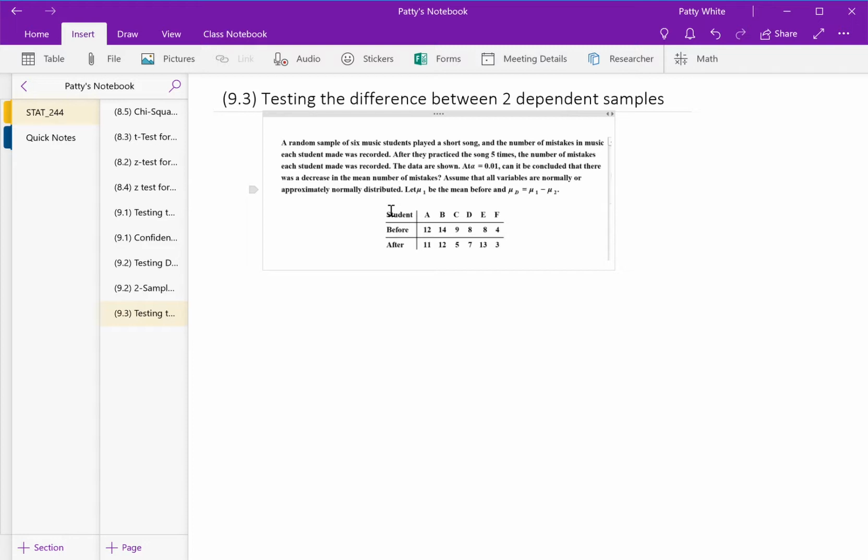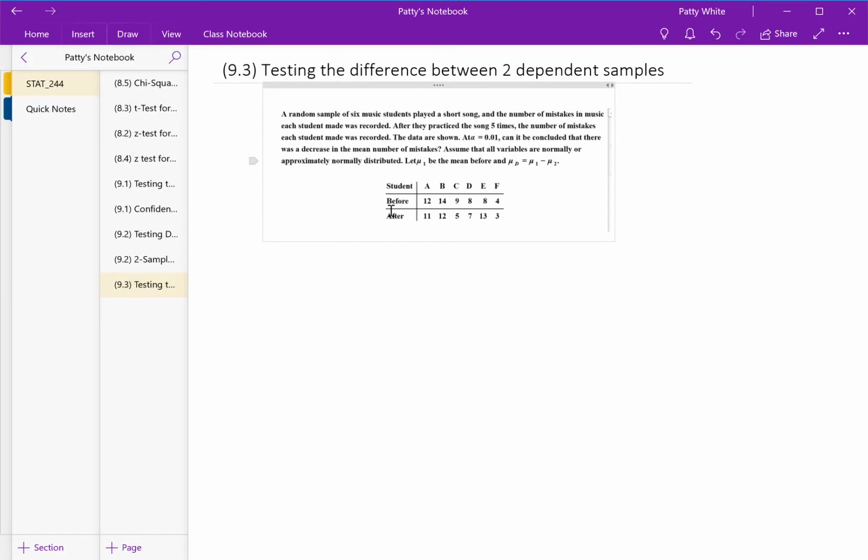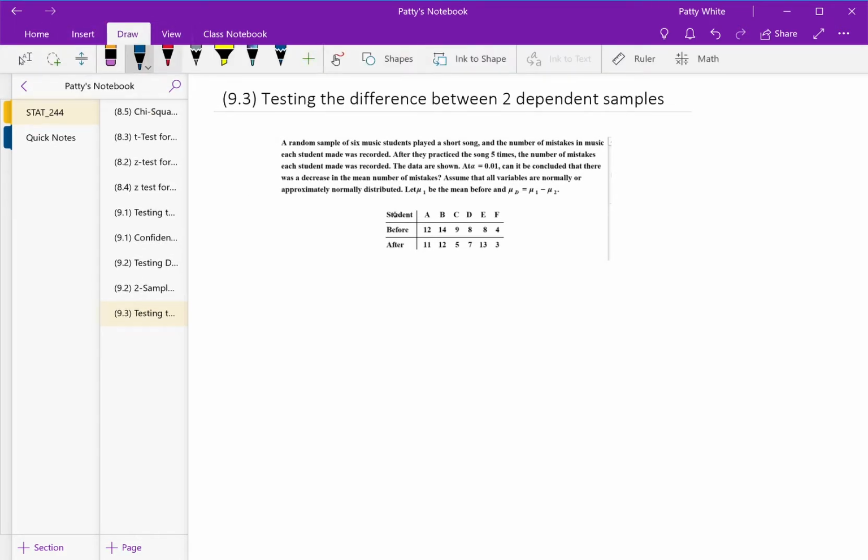So for these types of problems, what I like to do is draw another row and call this row the D row, the difference between x1 and x2.